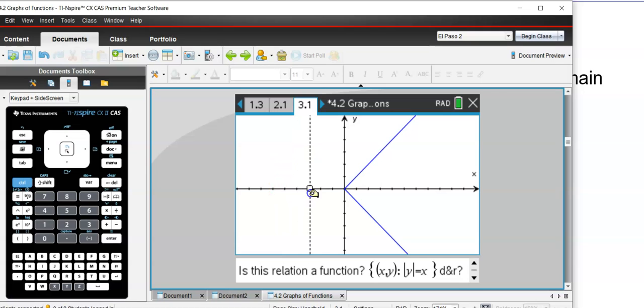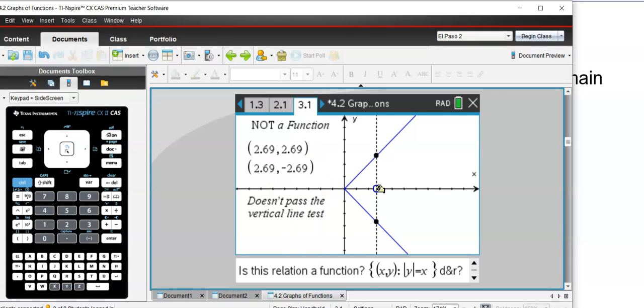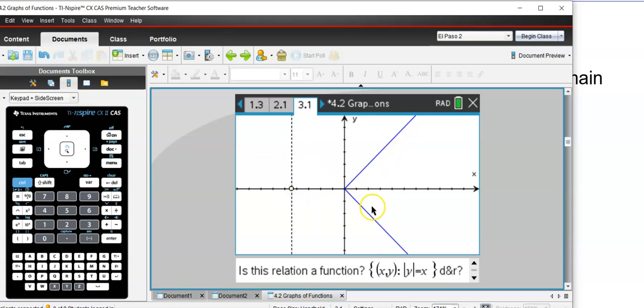If I move this vertical line, it looks like it hits here, right there, and right there. The x values are the same, 2.69. The y values are different. So this clearly is not a function. It does not pass the vertical line test. If you draw an imaginary vertical line, you don't need any fancy calculator stuff here. You just look at it.